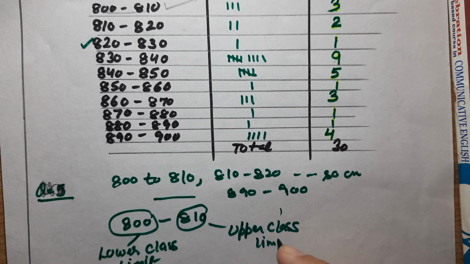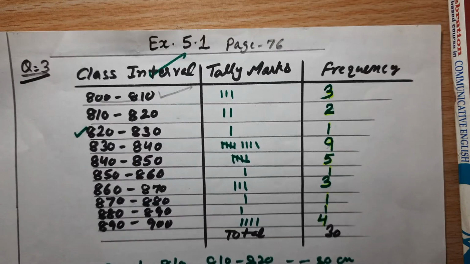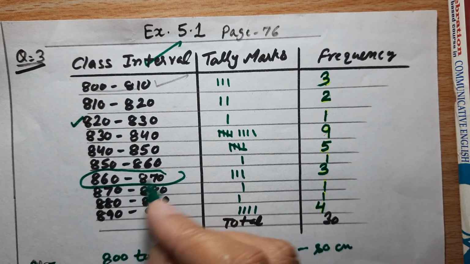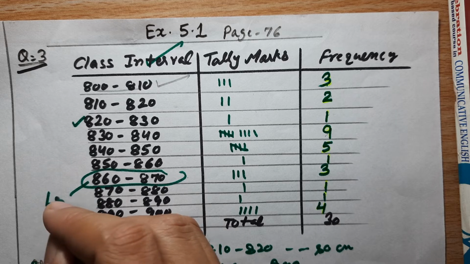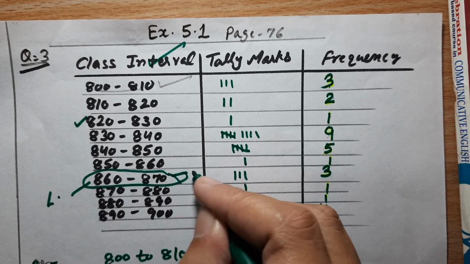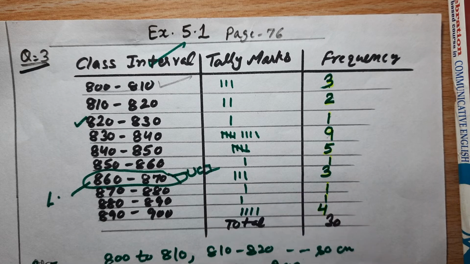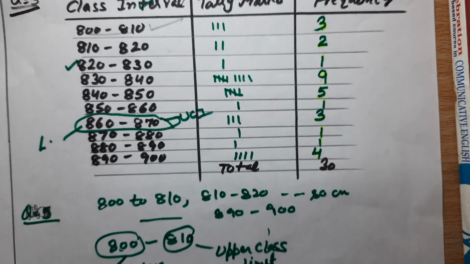Clear? This is called the upper class limit for a particular class interval. For 800 to 810, this is it. Now for any interval 860 to 870, 860 is called the lower class limit and 870 is called the upper class limit. Clear, children? Okay, hope this is clear.